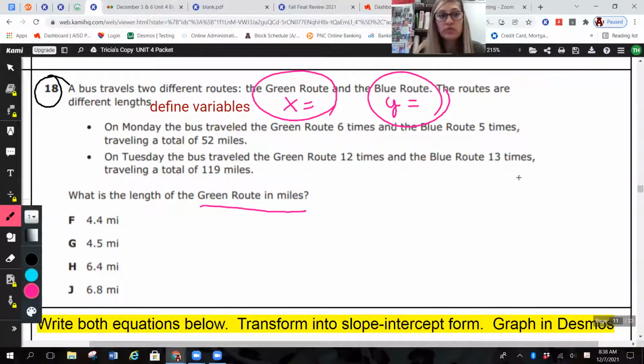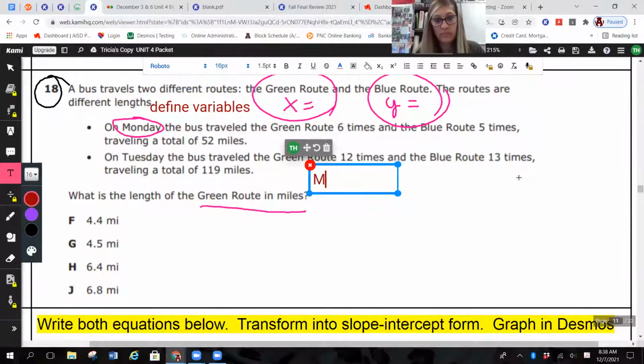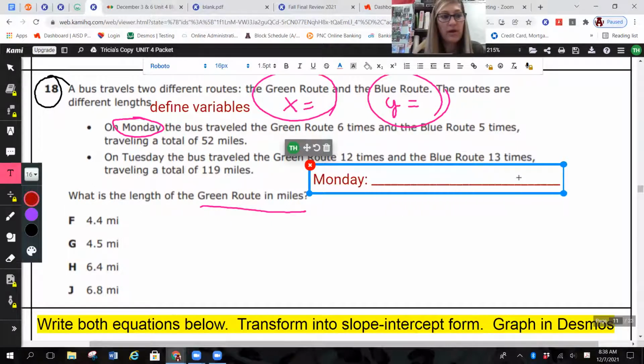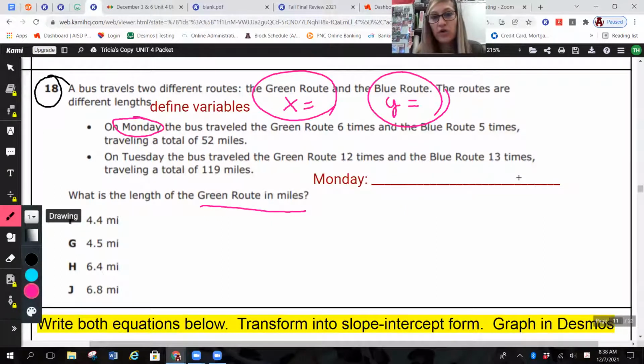So let's do it. Let's write an equation for Monday. Here we go. The green route 6 times, so 6x. The blue route 5 times, so plus 5y, for a total of equals 52 miles.